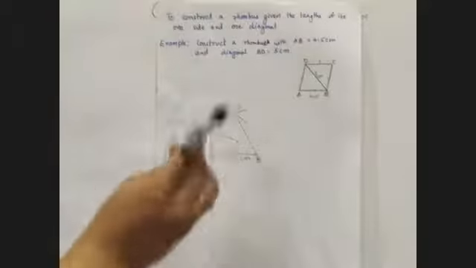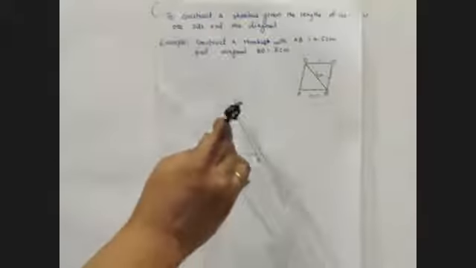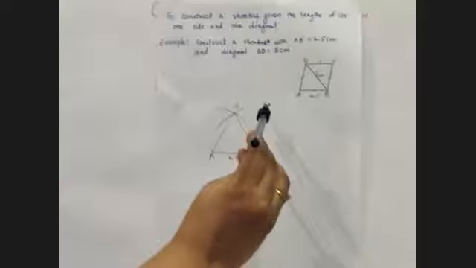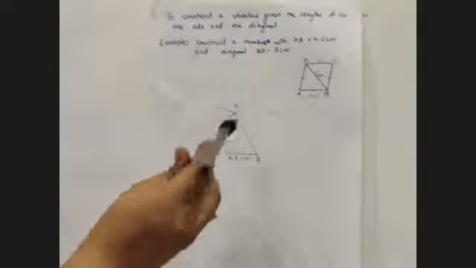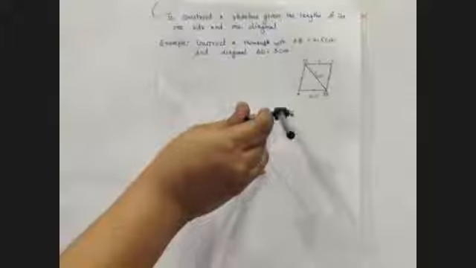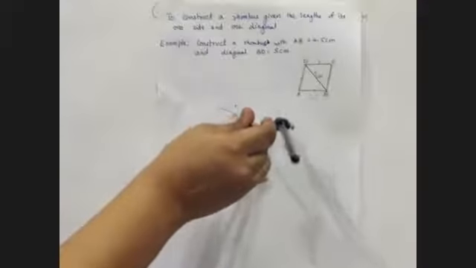Now again we have to draw 4.5 as BC. So we will again measure this with B as center. Now we will cut the arc over here. Right? And same arc, with D as center, same radius 4.5, we will cut the previous arc.